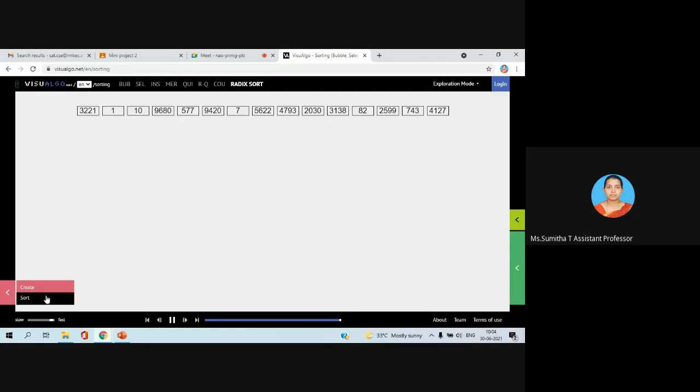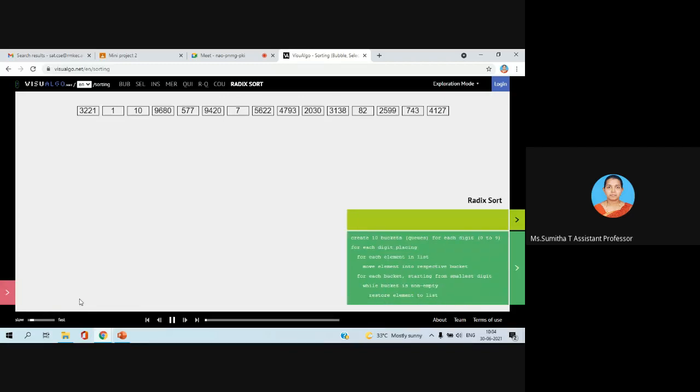Here, different types of elements are there. Okay, see here how the process is going. See here, the buckets are arranged at the bottom. First, we see the unit place, right? See, the unit places are marked in red, and based on that the elements are arranged in the buckets. 7.